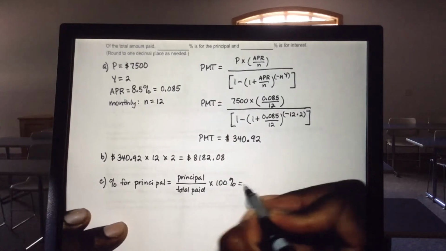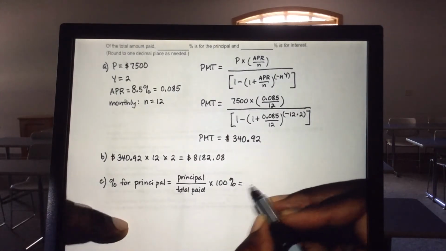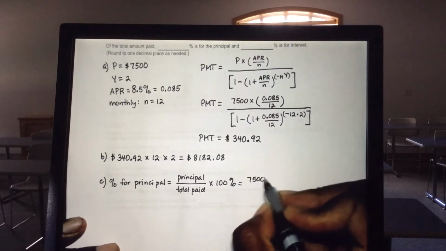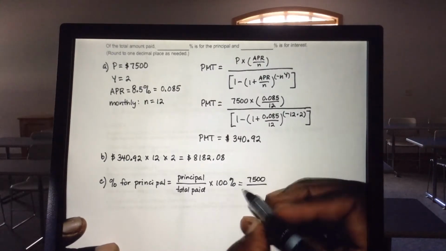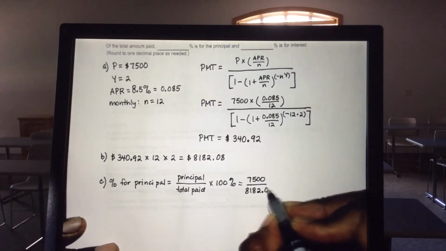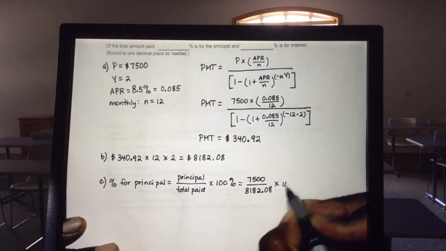So here your principal was $7,500 divided by the total amount paid, that's $8,182.08, times 100%.